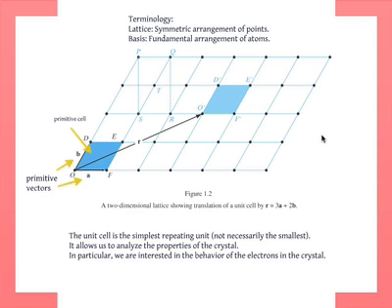Sometimes it's easier to deal with rectangles than with rhombus because the angles are 90 degrees. So sometimes we prefer to do it with the rectangle, even though it's a larger unit cell. So again, I don't expect you to memorize them, but just make sure you're aware of these terms and what they actually mean conceptually. Okay?